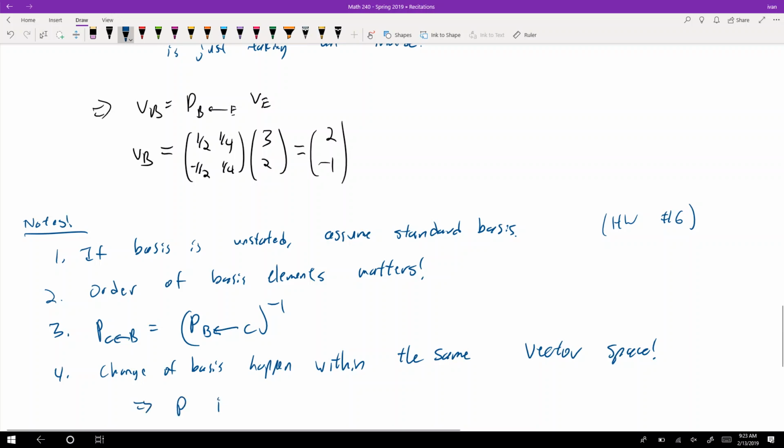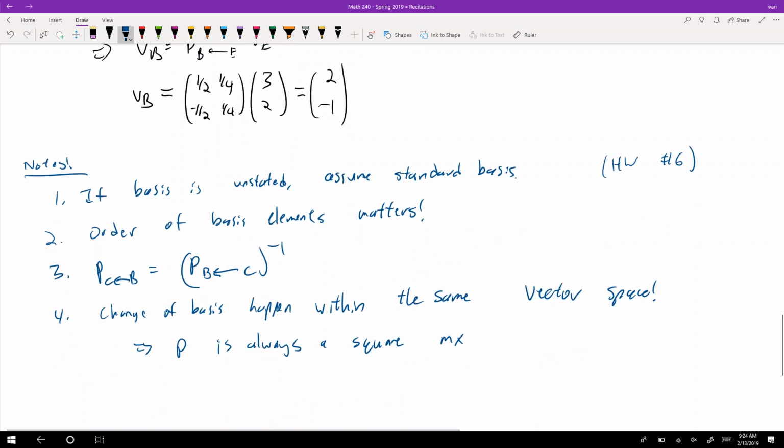What does that mean? That means P is always a square matrix. Always. P is always going to be a square matrix. If you end up with a non-square matrix, you're doing something wrong. Because what we'll learn a little later on is that non-square matrices are actually maps from one vector space to another vector space. But if you want to stay inside the same space, you want a square matrix so that the map is within the same dimension.